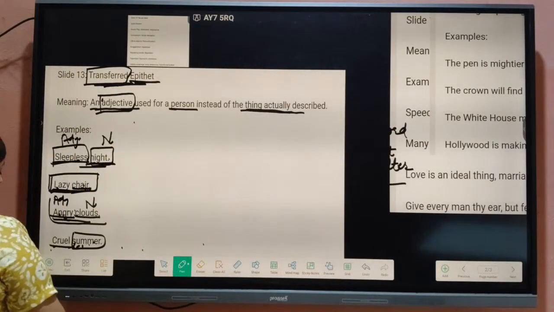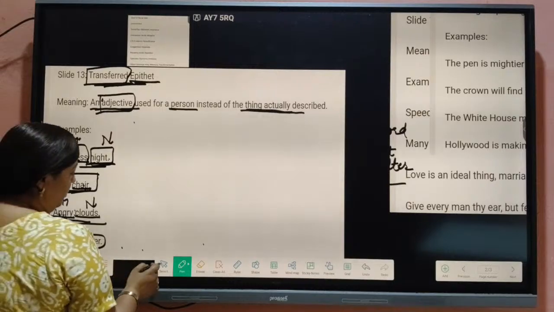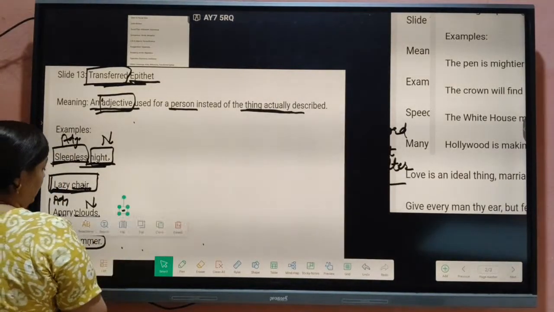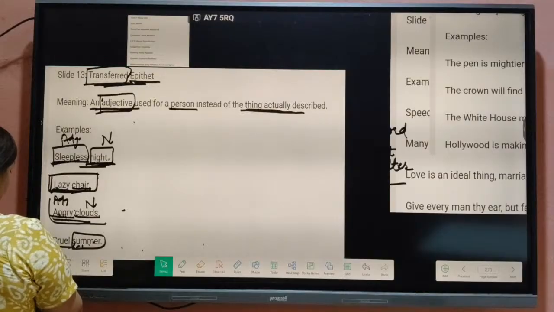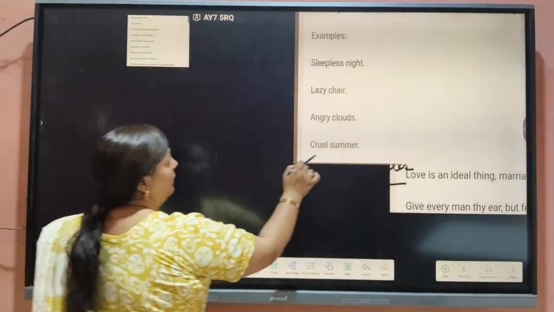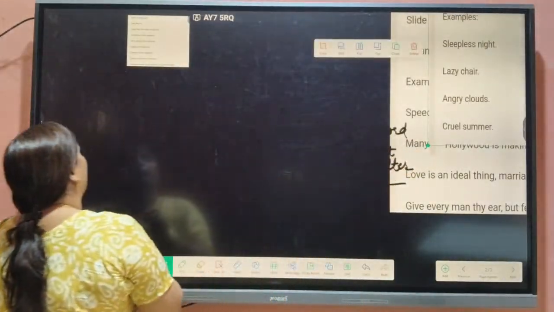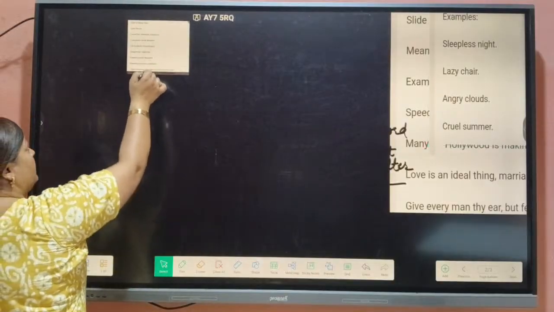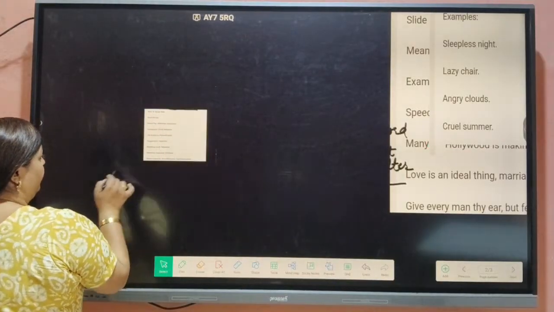Okay. In this way, we have learnt about literary terms. Nearly 13 we have learned.